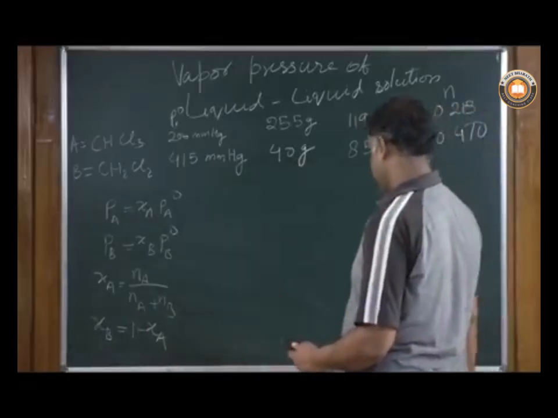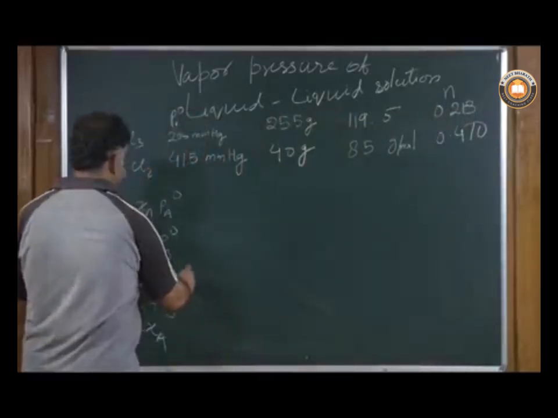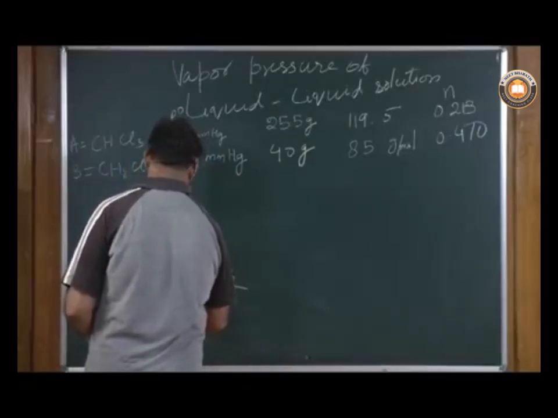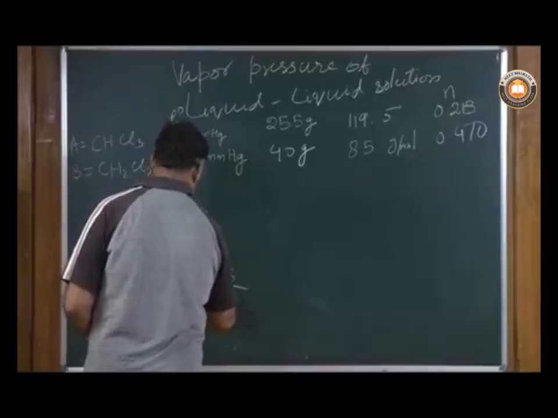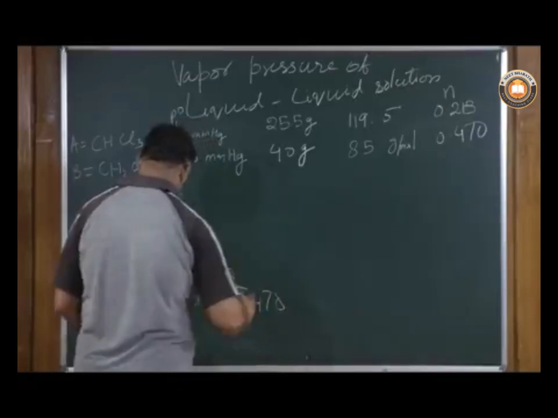And now, I need to calculate simply X A, the mole fraction. So, it is all given there. N A is 0.213 divided by N A 0.213 plus 0.470.